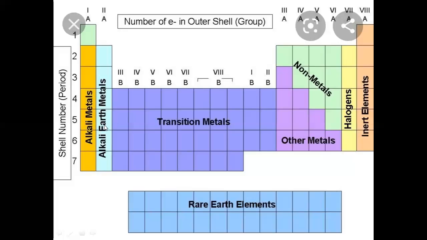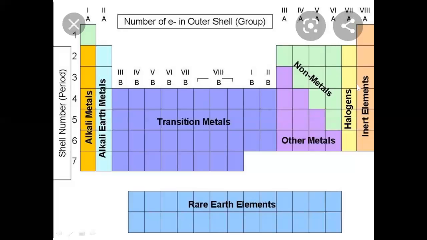The second A group, or 2A group elements, are called alkaline earth metals. They are called alkaline earth metals, like alkali, because the oxides and hydroxides of group 2A also produce alkaline solutions when they react with water, and earth metals because they are abundantly present in the earth's crust.